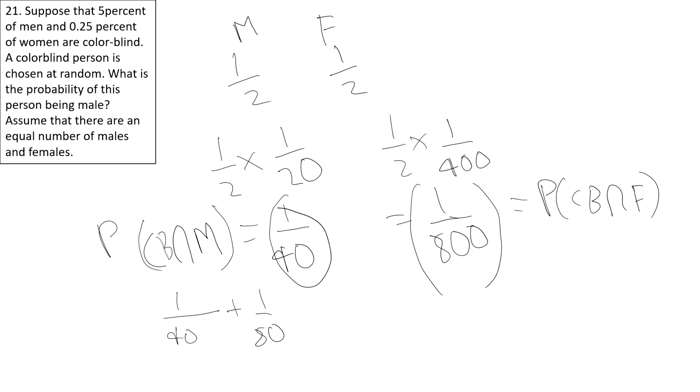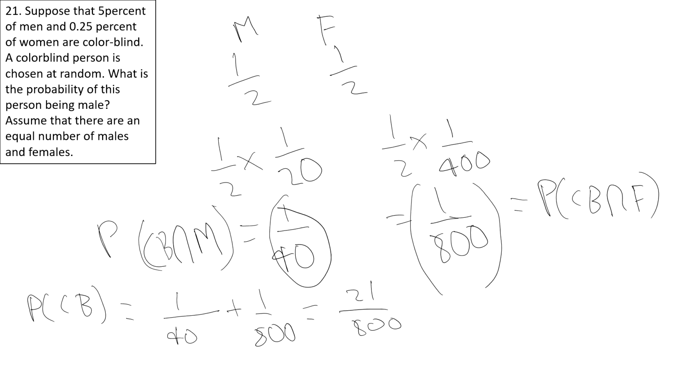That's why we are adding them to find the total probability of a person being colorblind. Colorblind is equal to this part plus this part. What we get is 800 as the denominator, 21 by 800. 21 by 800 is the chance that a person in the population is colorblind.